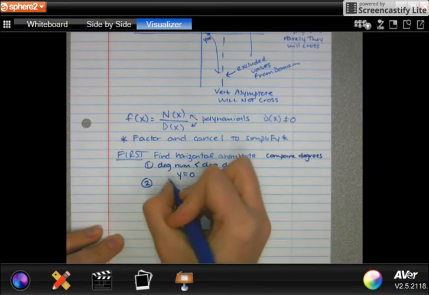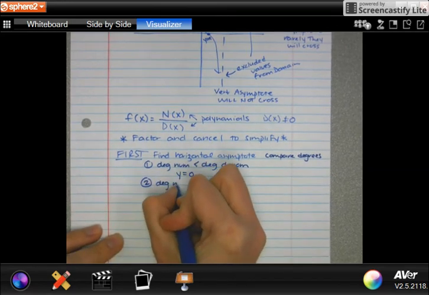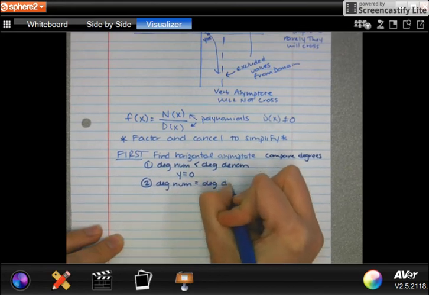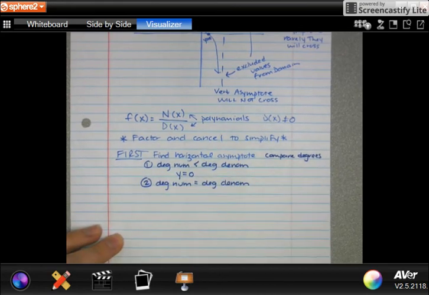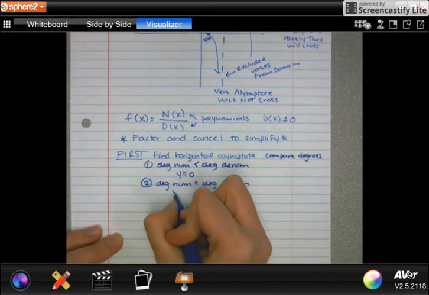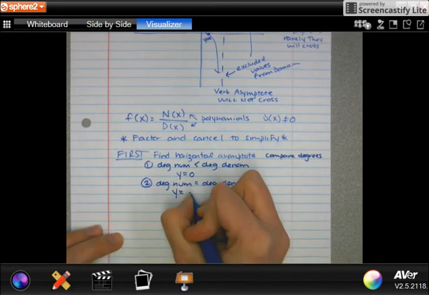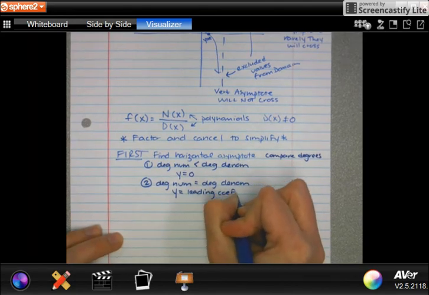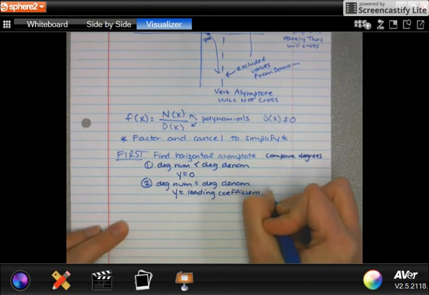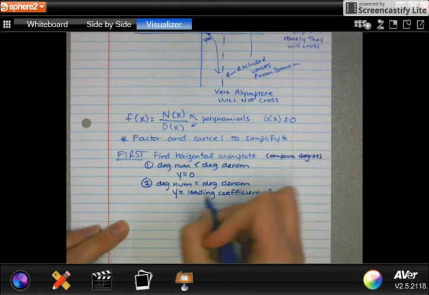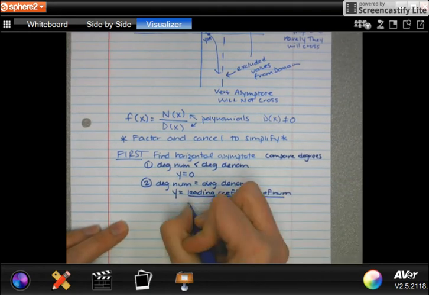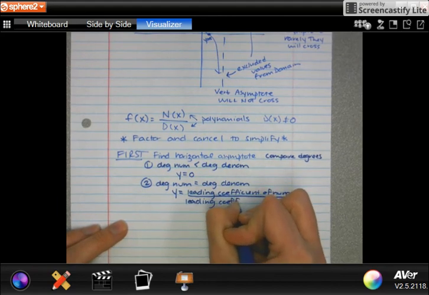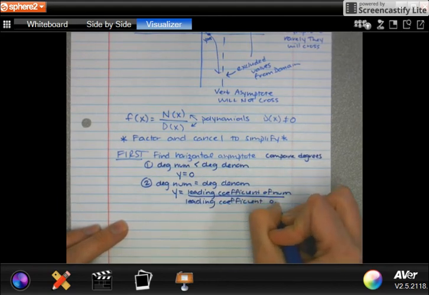The second case is that the degree of the numerator is equal to the degree of the denominator. And in this case, your horizontal asymptote will be y equals the leading coefficient of the numerator divided by the leading coefficient of the denominator.